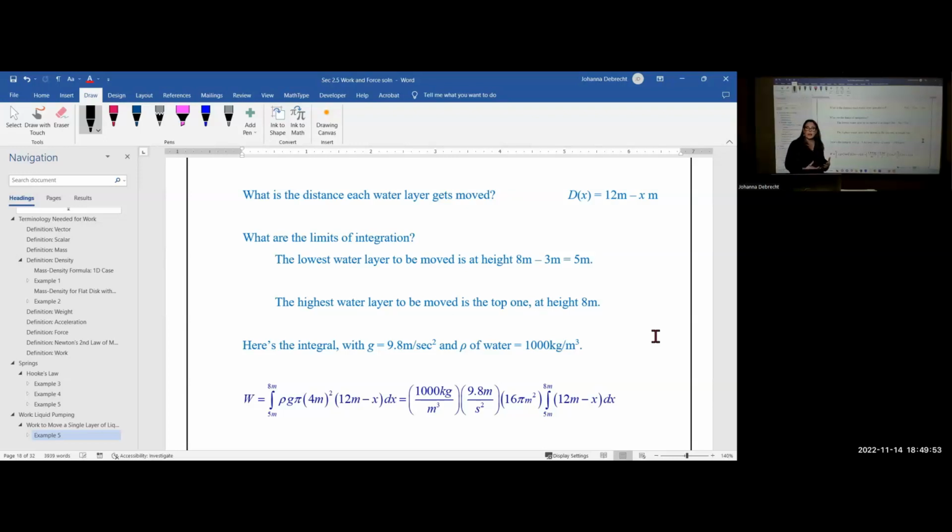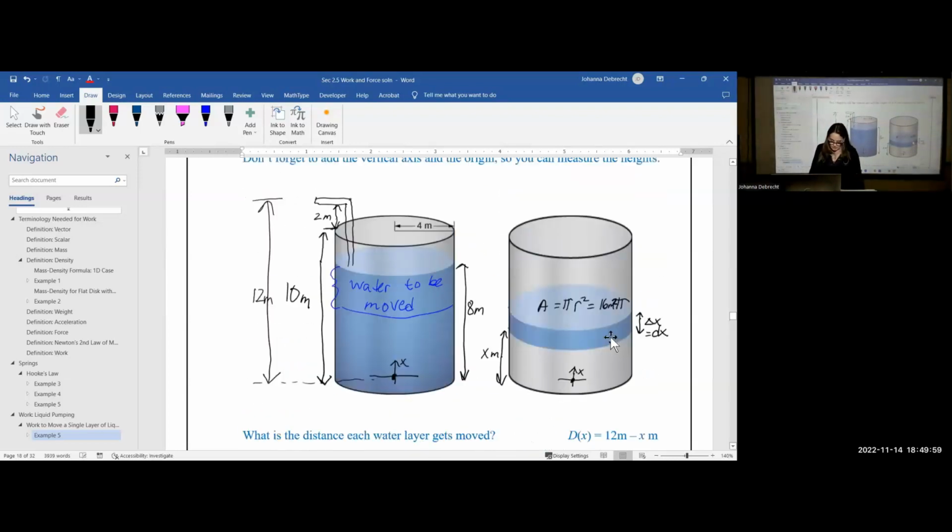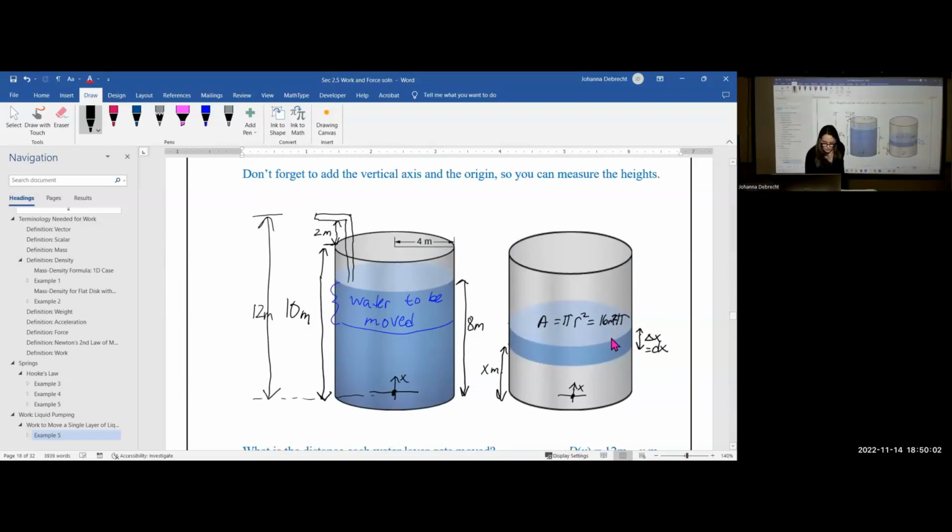Now I need to talk about the distance through which it's moved. So let's take a look back at our picture again up here. The current layer of water is at height x. So you can see that right here. So we've got this height x that's right here, and it needs to move from here up to the top of the tank and then 2 more meters to get out.